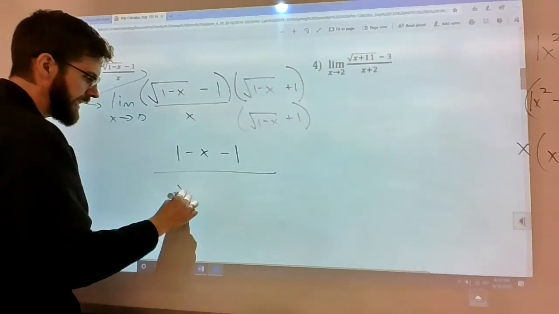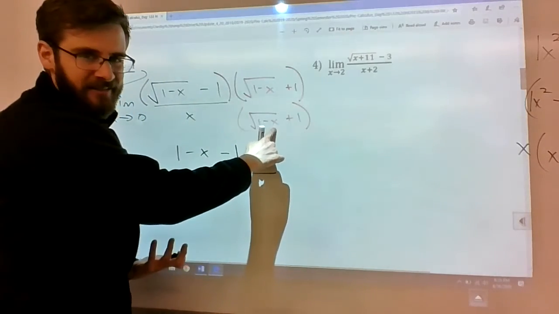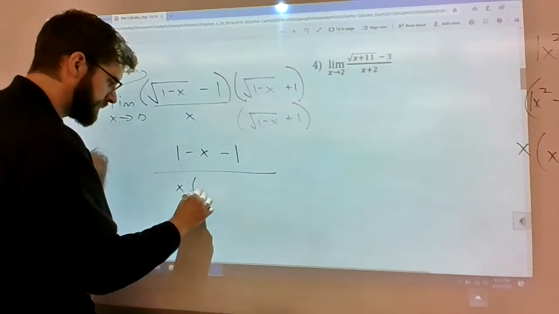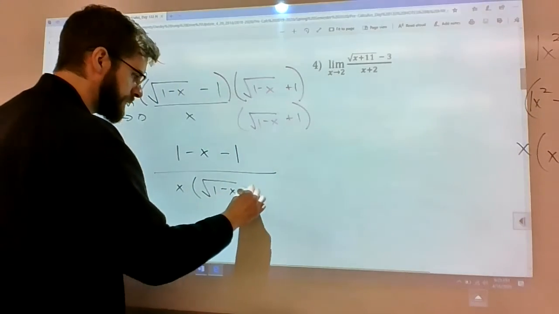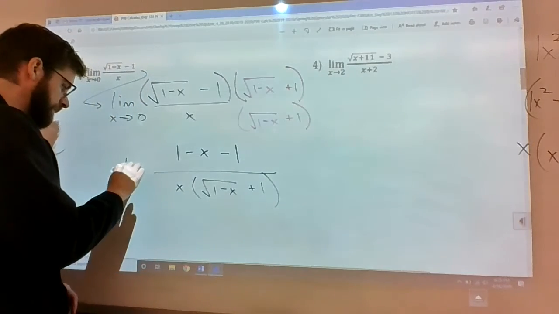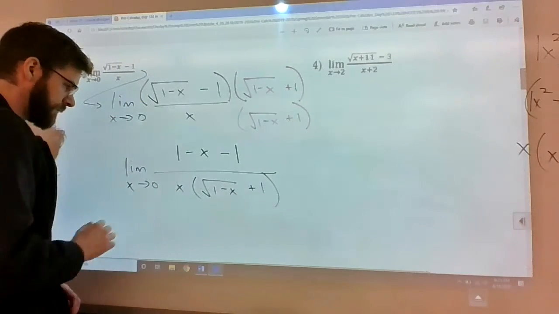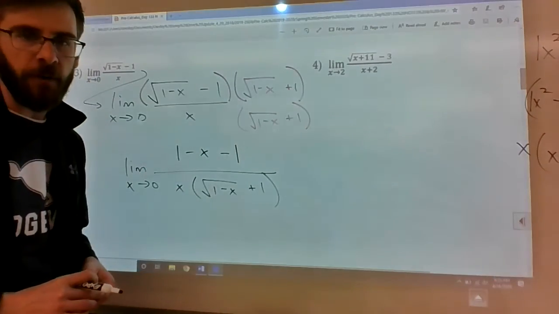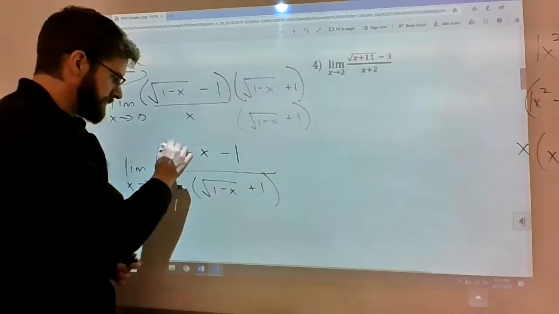The bottom is going to be x times, now this thing, there's no need to distribute that x. So don't do that. Hey, 1 minus 1, that's 0. Yeah.